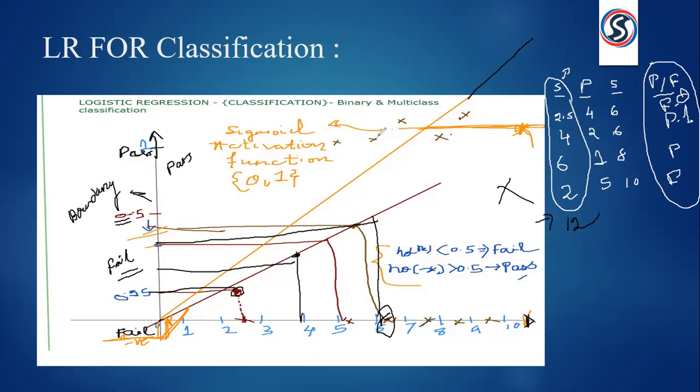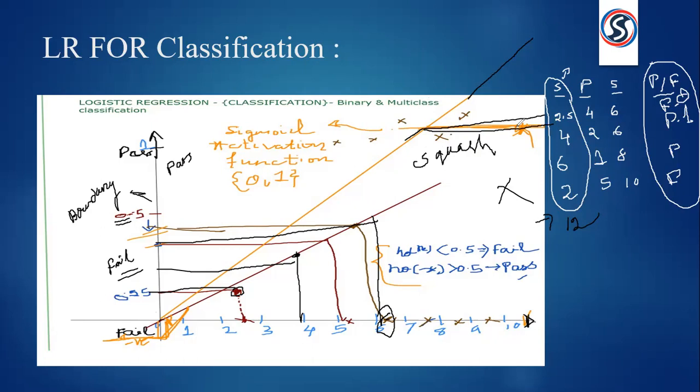So what is the solution for this? Whenever we are dealing with outliers or this situation comes, we have to flatten our line. At a point we have to flatten our line, or square our line.